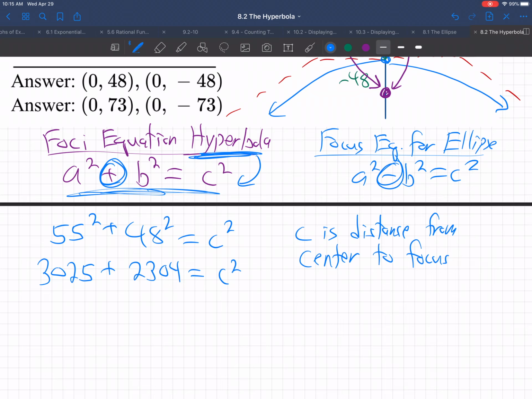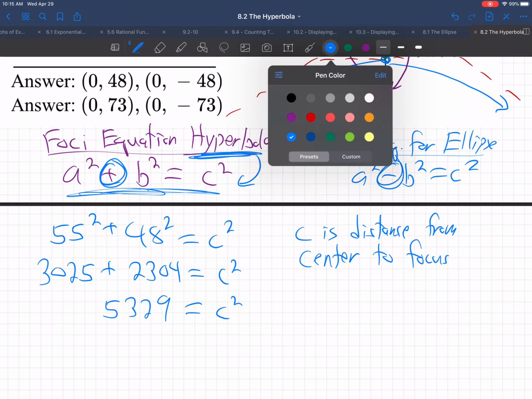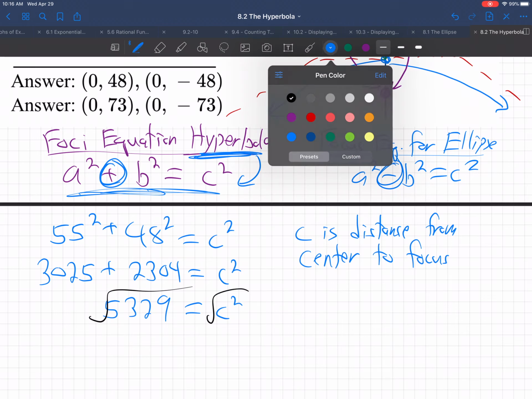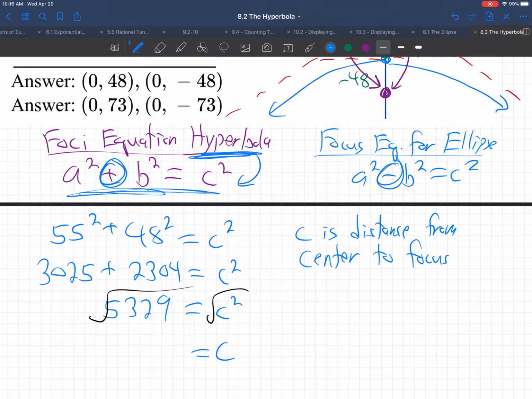Add those together for c squared. I'm getting 5329. And then we just root it. And so c equals 73.